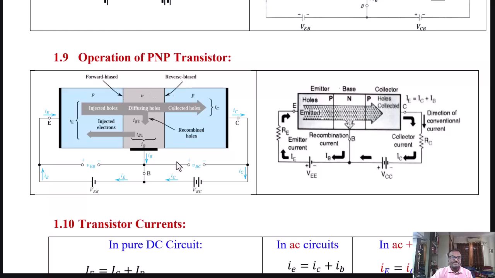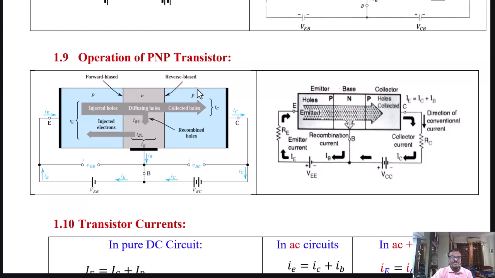In PNP devices, let us see the biasing. Here the P type material is connected to the positive terminal of the battery and the N type base is connected to the negative terminal of the battery, so that the base to emitter junction will be forward biased. Similarly, for the collector to base junction, the P type collector material is connected to the negative of the battery and the N type base is connected to the positive of the battery, VBC, so that the collector to base junction will be reverse biased.